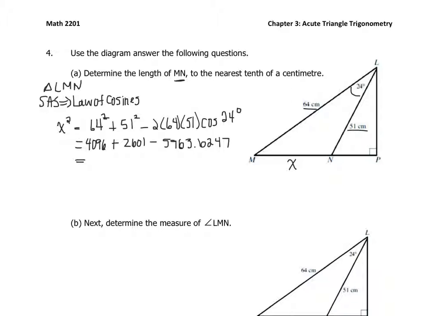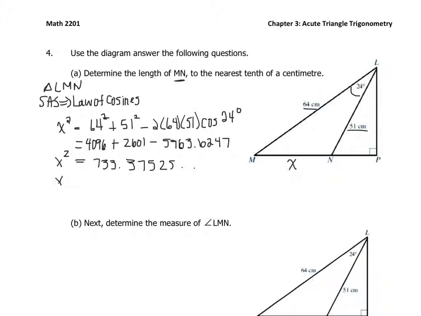So 4,096 plus 2,601 minus 5,963.6247 is 733.37525, and so on. So this is x squared now, don't forget.